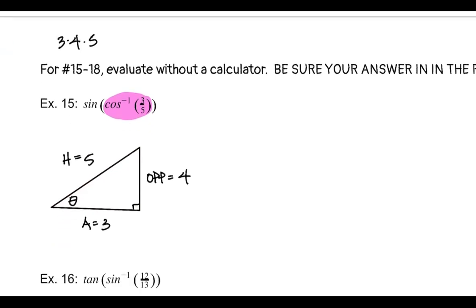All right, so we have this diagram now. We're going to use the diagram to answer this question. Okay, what is sine of theta? This question is really asking us, what is sine of theta? So when you look at your right triangle here, what is sine of theta?